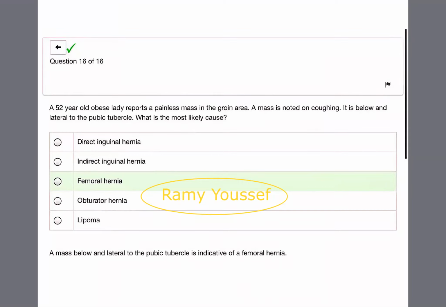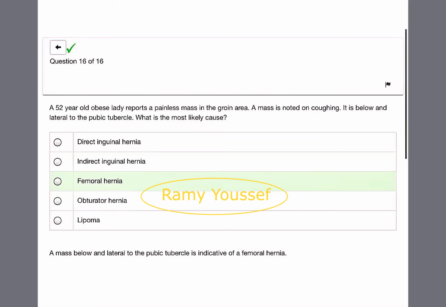She was 78 or 87 years old. So what's your differential diagnosis?